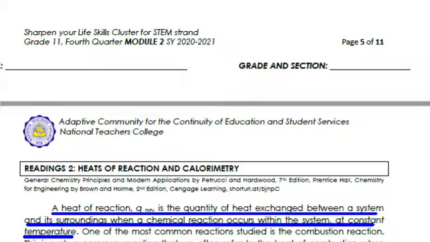And then if a reaction occurs in an isolated system, that is one that exchanges no matter or energy with its surrounding, the reaction produces a change in the thermal energy of the system. But the temperature is constant, or as stated here, either increases or decreases.